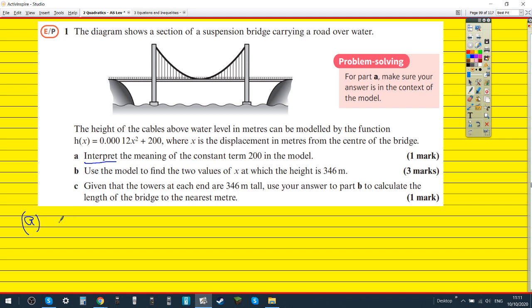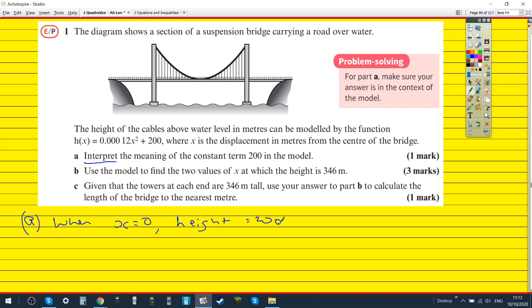So when x is 0, the height of the cables is 200. Yeah. And so the cables are 200 meters above sea level.